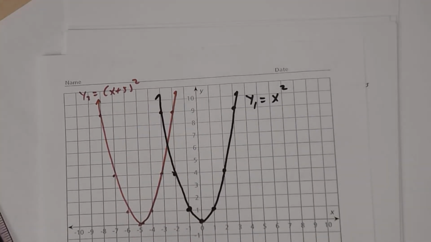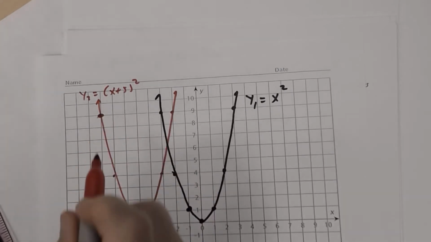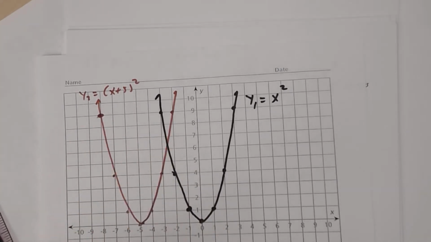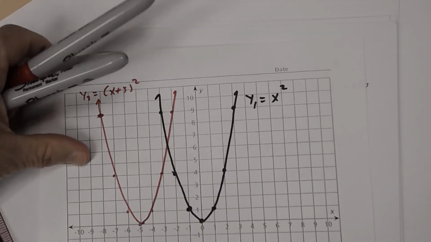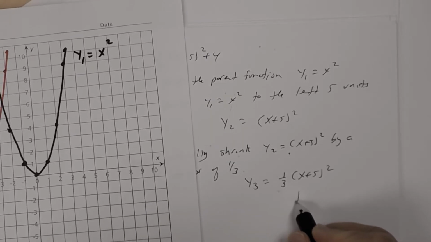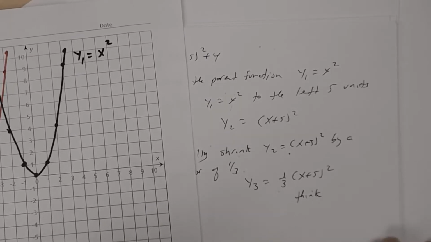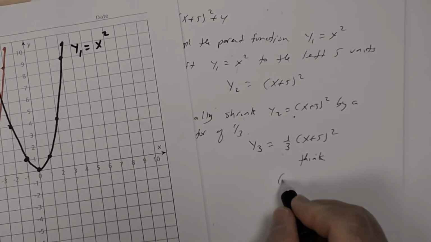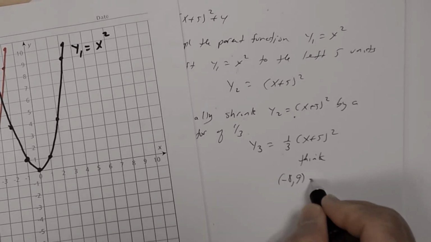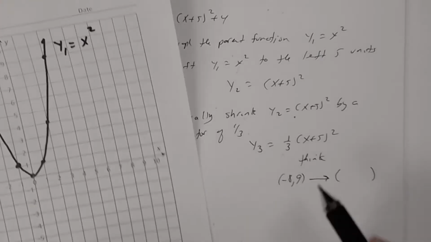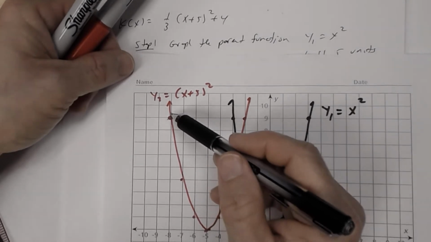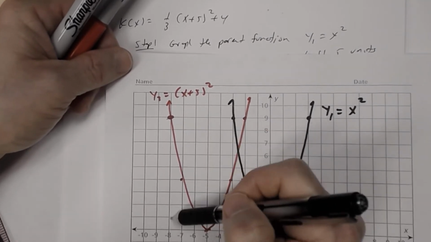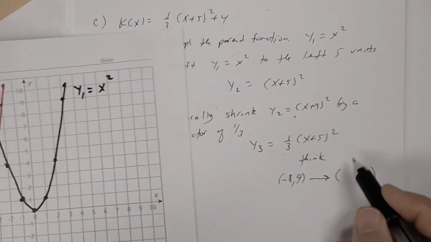All right, so let's think about this. You see this point right here? That is the point (-8, 9), right? So (-8, 9) becomes what point? Remember, you're shrinking it, so you're moving it down. The x value stays the same. It's still going to be -8.